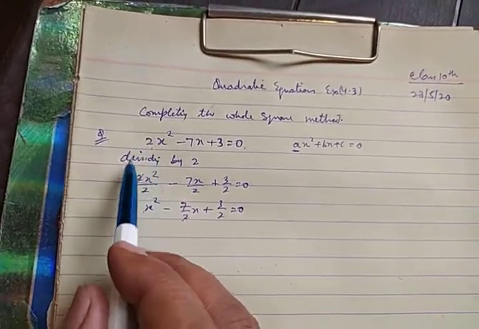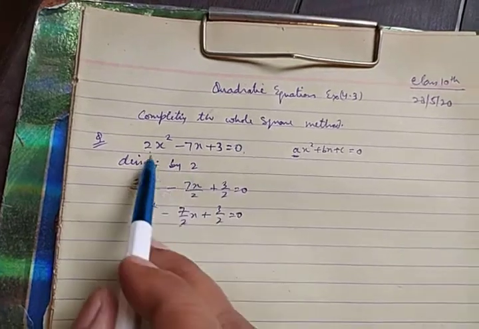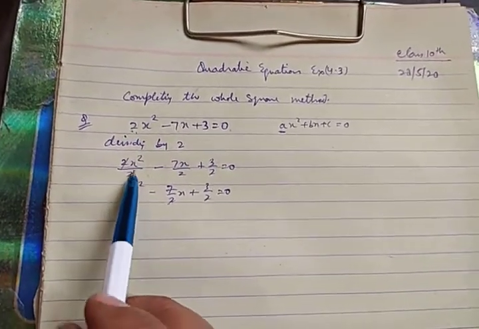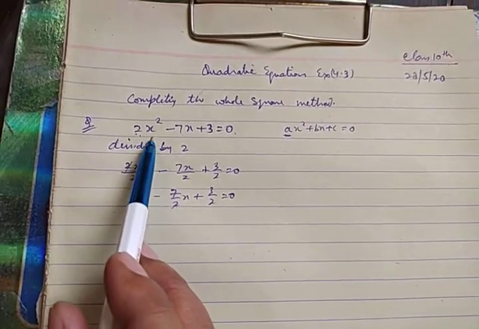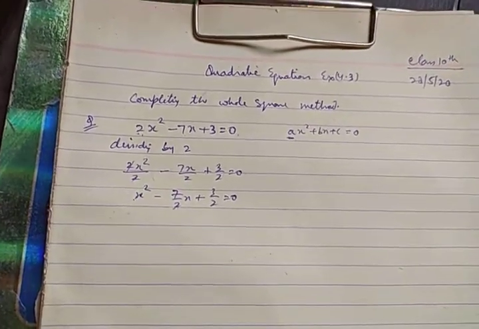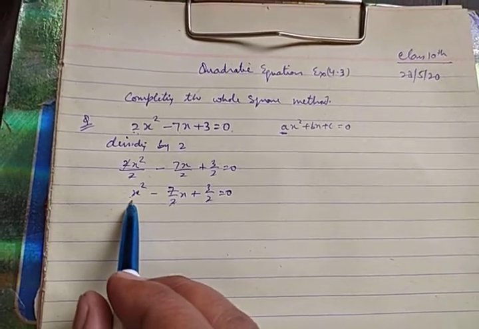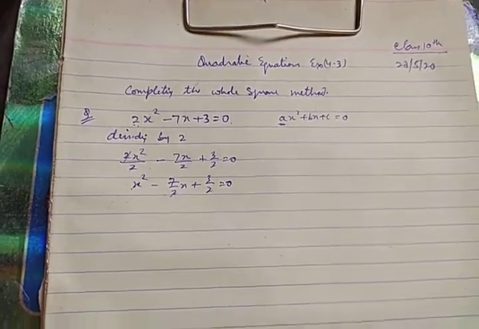If it is 7, it would be divided by 7. If it is 3, the equation would be divided by 3. Whatever the multiplier of the x square term, by that digit the given equation is to be divided, so that the x square term remains alone.